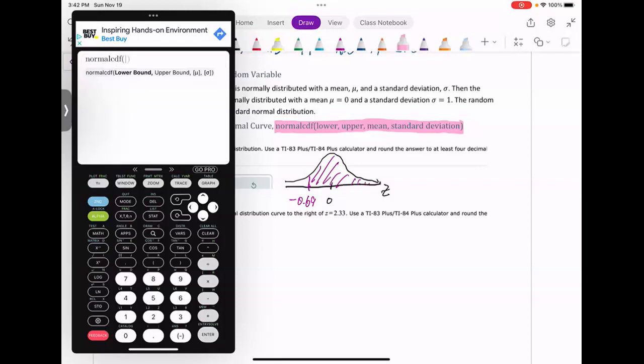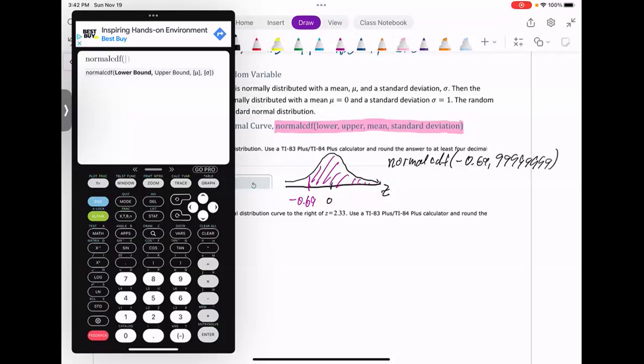So we are typing in here normal CDF. Now, the lower bound in this case is the negative 0.69. The upper bound is positive infinity. Now, here's the thing. Our calculator doesn't understand positive infinity, so I'm going to put in just a really, really big number. You don't need to ask anybody how many nines, just a bunch.